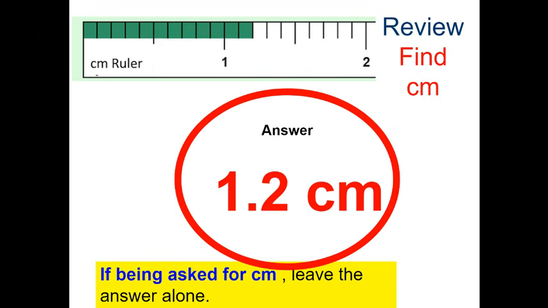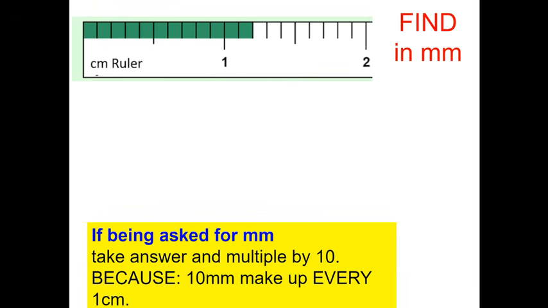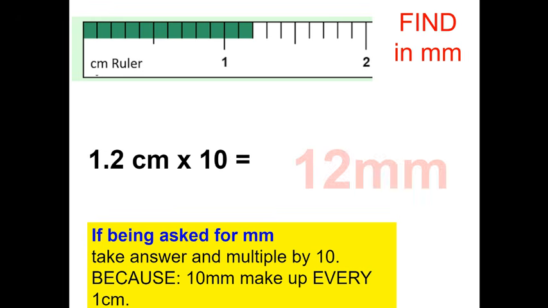Now, if it's being asked to find millimeters, then you need to take that answer and multiply it by 10, because every 10 millimeters makes up 1 centimeter. So you take 1.2 centimeters times 10 equals 12 millimeters.